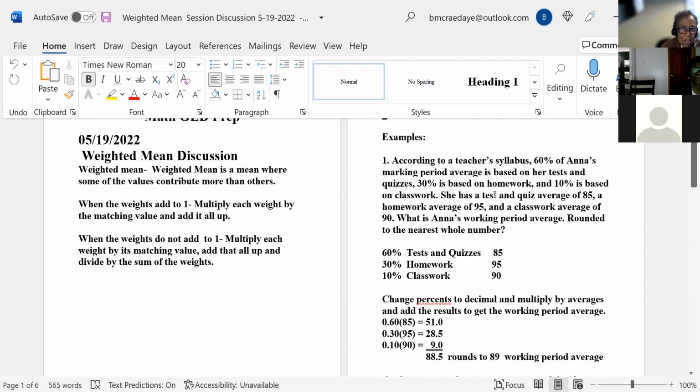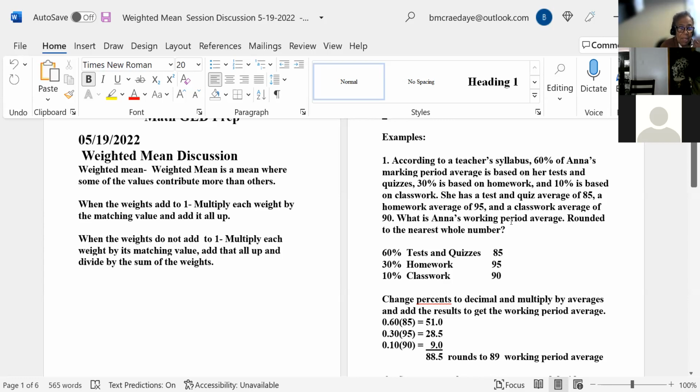Her test and quiz average is 85, her homework average is 95, and her classwork average is 90.